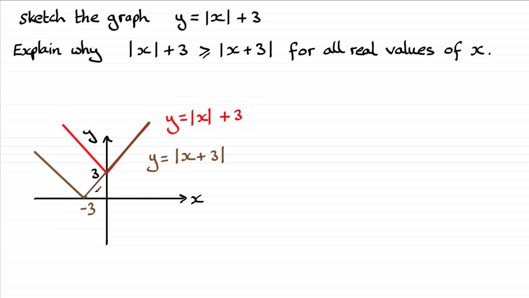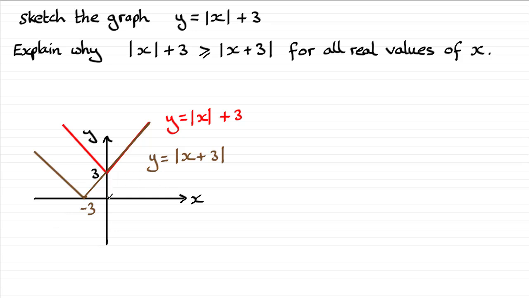All right, okay. If we take any value of x, let's say we take a value of x here, if we were to substitute it into this graph and into this graph here, they'll give us exactly the same value, okay? That's for values of x greater than 0.